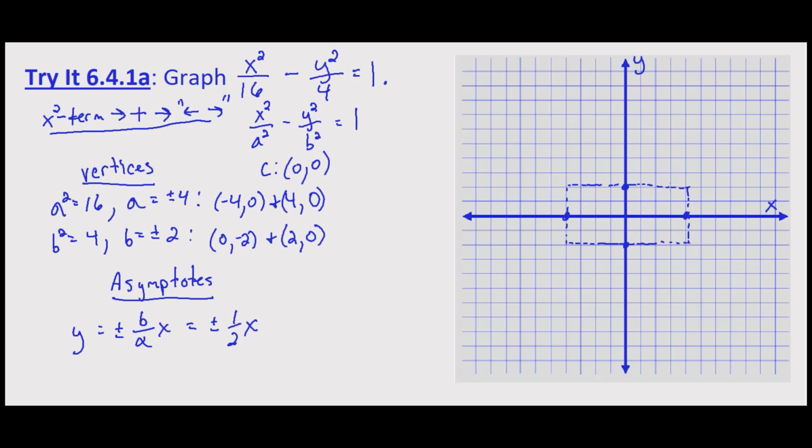So we can go ahead and draw our asymptotes in. Notice they go through the corners of our box, and this one would be y equals negative 1/2 x.